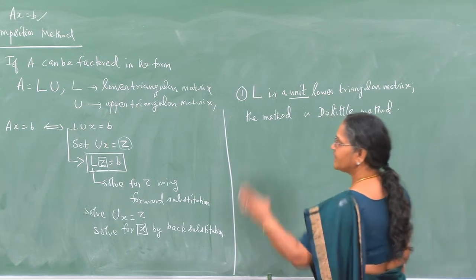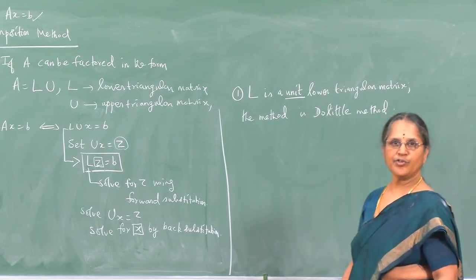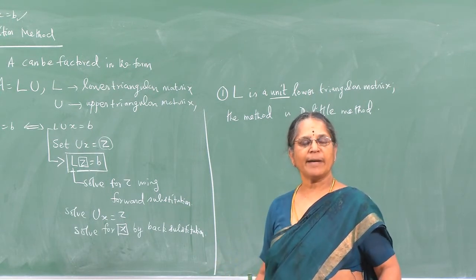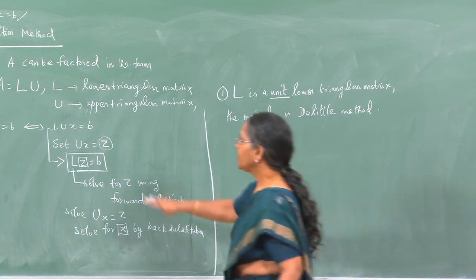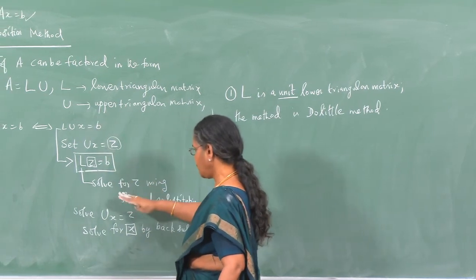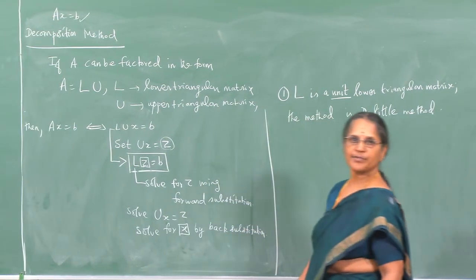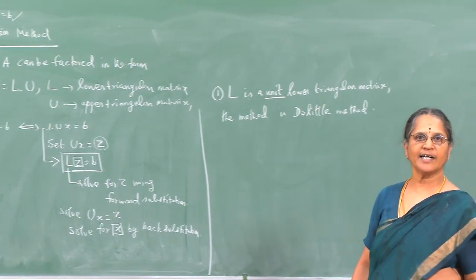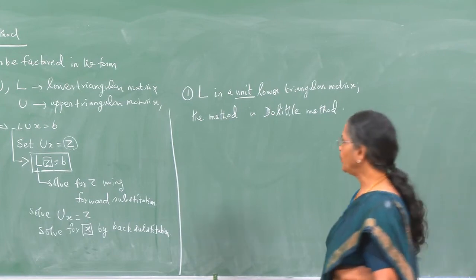Namely, you factorize A in the form LU with L as a unit lower triangular matrix, and then solve the system by forward substitution followed by backward substitution. Then you have used a Doolittle method for solving the system of equations.